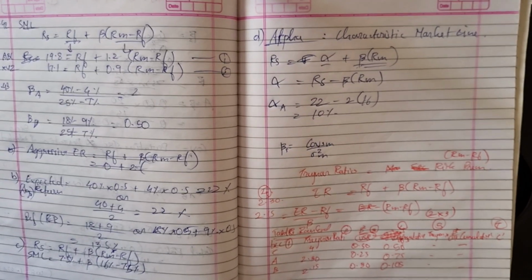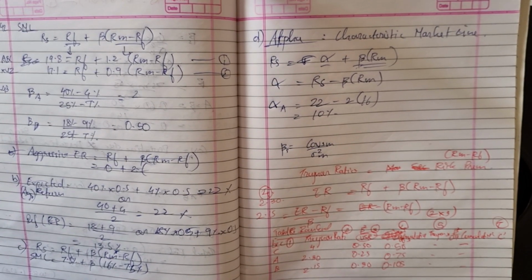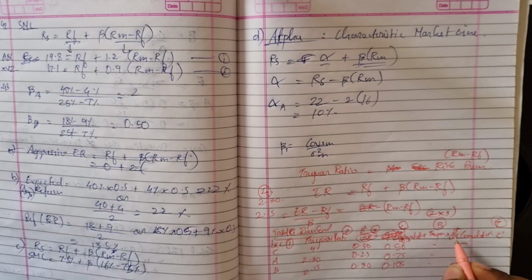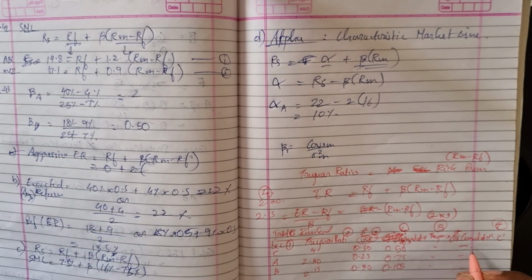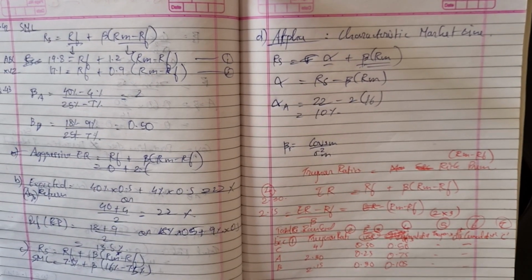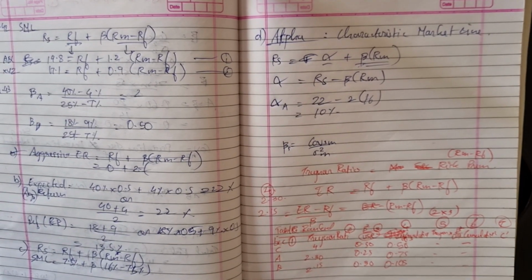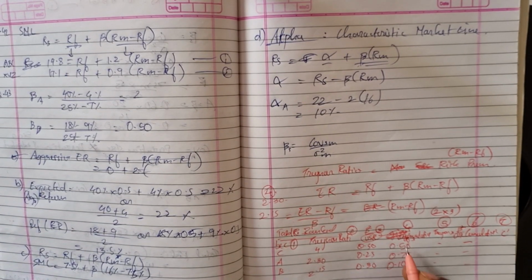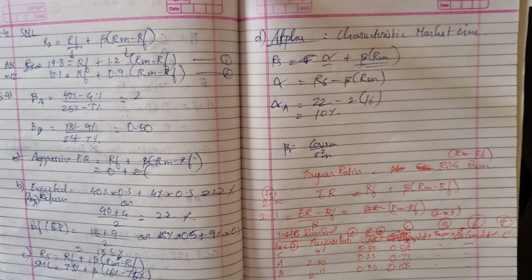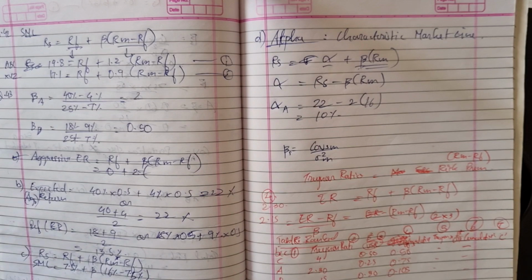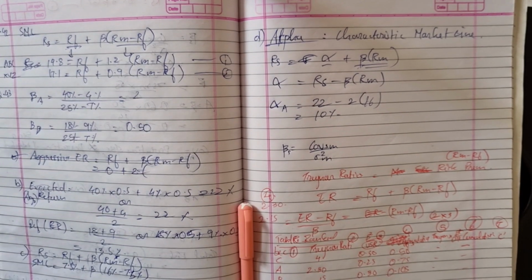Your C value is equal to the variance of market into your 6th column, that is your trainer ratio into beta square divided by USR cumulative we got in 6th, divided by 1 plus variance of market into your 4th part, that is the cumulative of beta square divided by unsystematic risk. So we will find the C value.